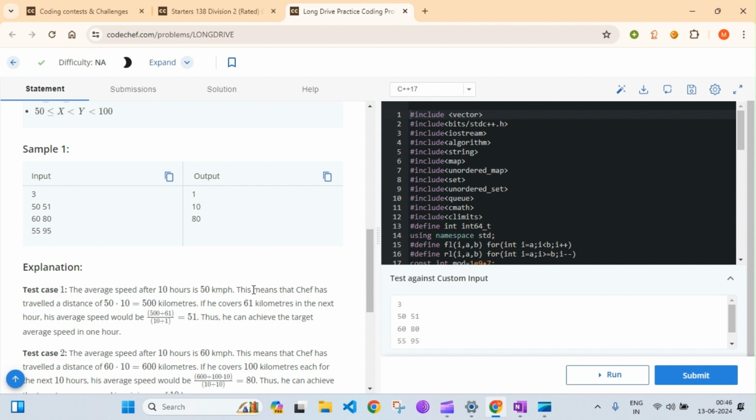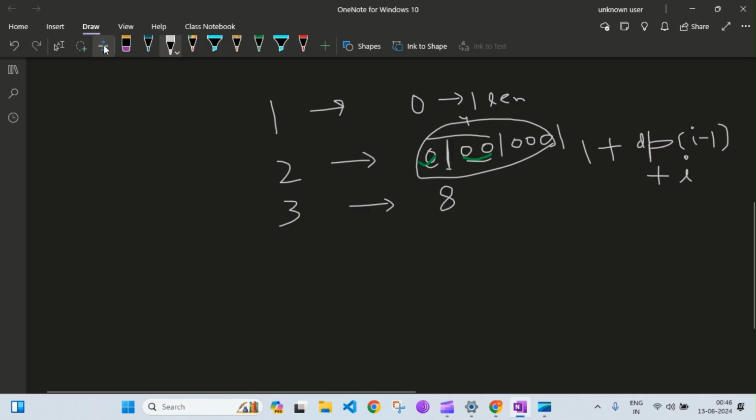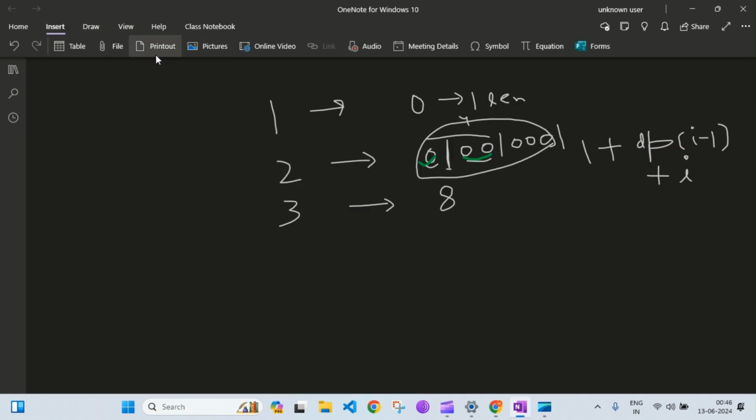I have written it somewhere, let me see. Yeah, so basically in 10 hours, if we have gone with the speed x, let me explain quickly what the distance traveled in 10 hours will be.